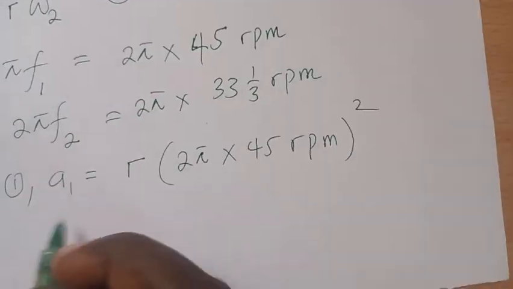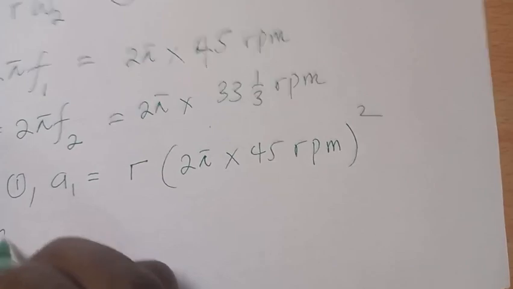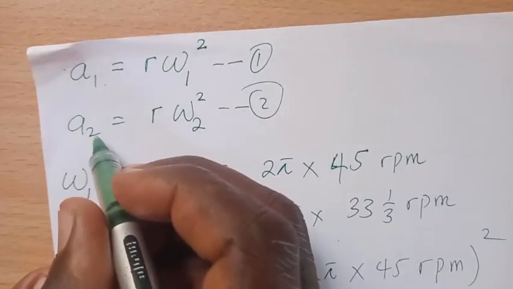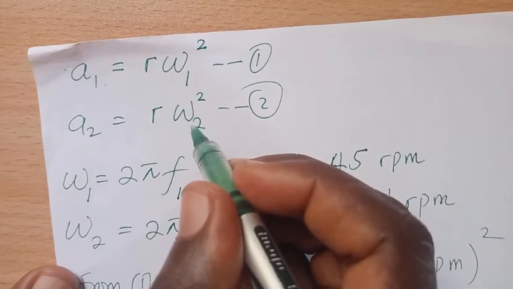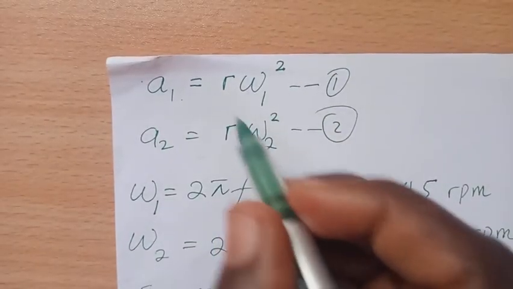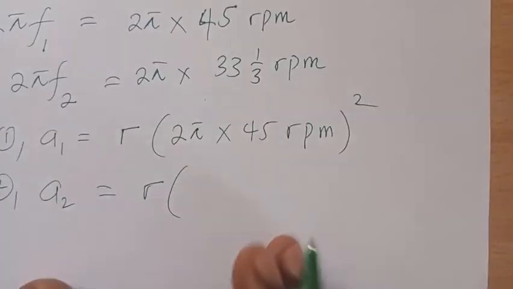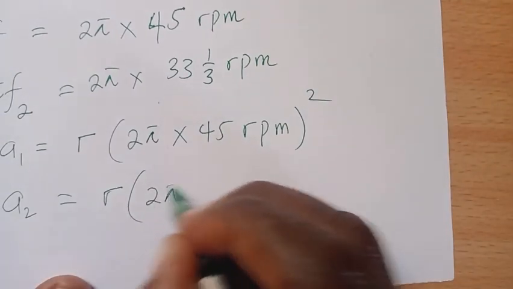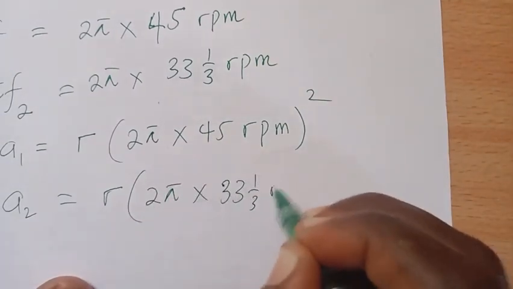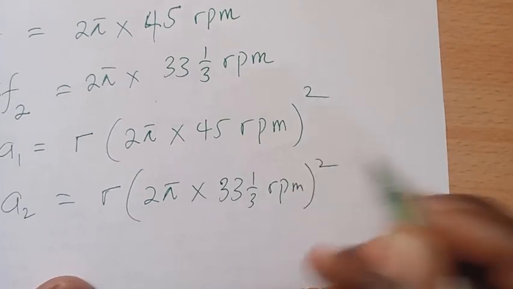And from equation 2, A2 equals R omega 2 squared. So this will now be A2 is equal to R, the R is constant, that is why we don't have to put 1 and 2 here, open bracket 2 pi multiplied by 33 1/3 rpm close bracket squared.